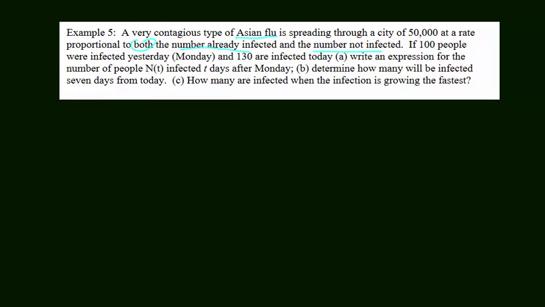So first thing I notice is I have to write the differential equation. N is the number infected. The derivative of N with respect to t, our differential equation, is proportional to N and the difference between how many people can get it and how many people do have it. So in this case, our L is the 50,000.